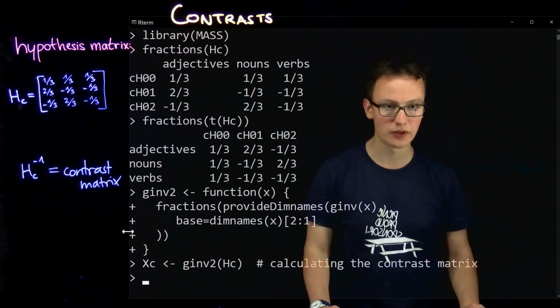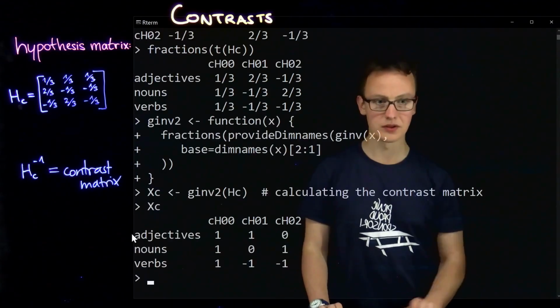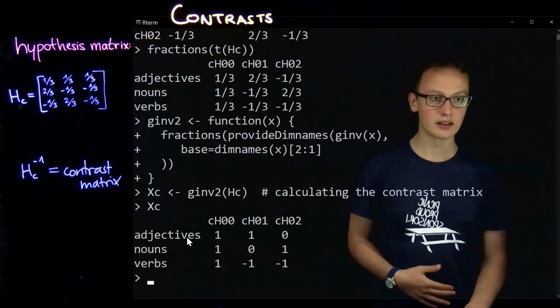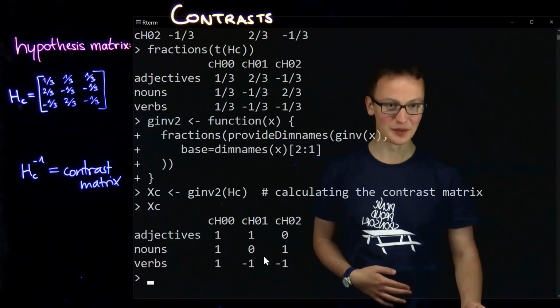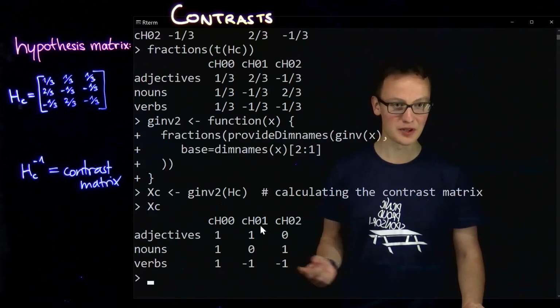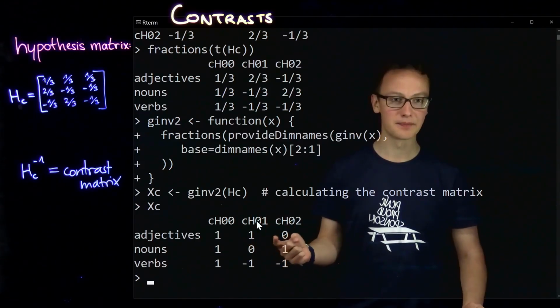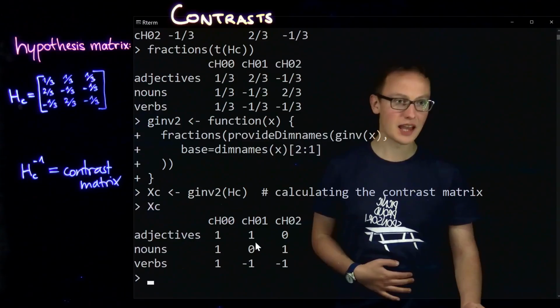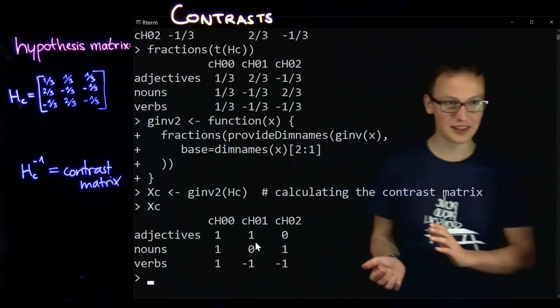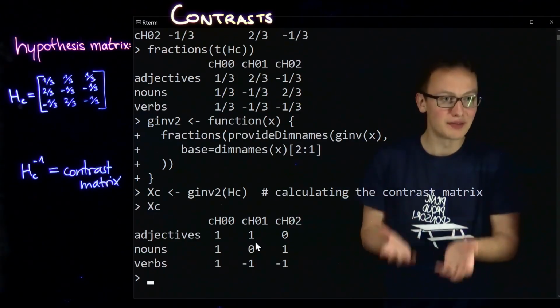Our contrast matrix looks as follows, and maybe you noticed something. Just focus on the second and third columns, which correspond to our two slopes, our two hypotheses. This is in fact the same as sum coding. We basically reinvented sum coding, right?